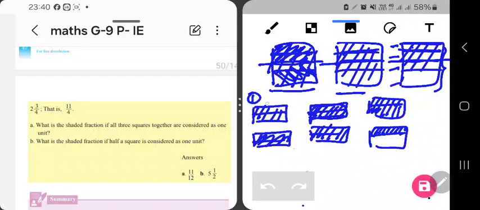So now considering this as 1 unit, how many are colored? 1, 2, 3, 4, 5. 5 are colored. And out of this unit, only half is colored. So that is how this 5.5 came by, and that's the answer for the colored portion considering half of the initial squares as 1 unit. So that's the answer. It's an interesting question, so think through that.